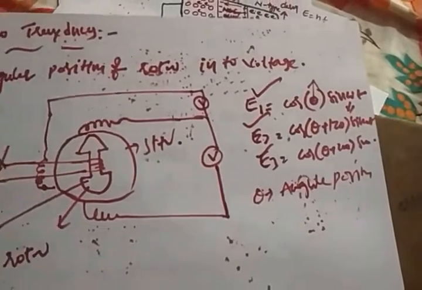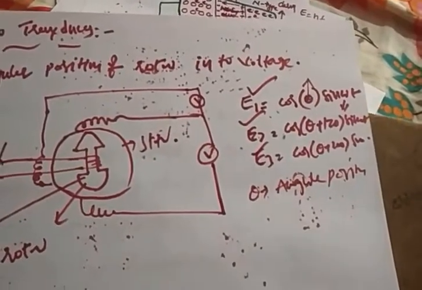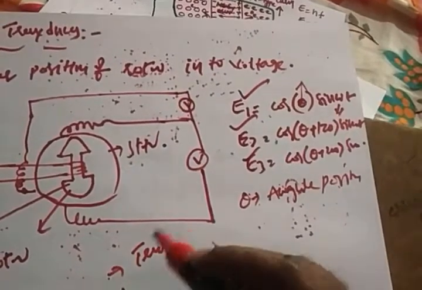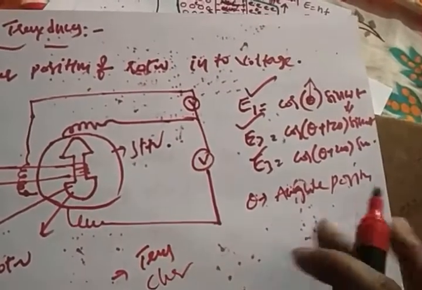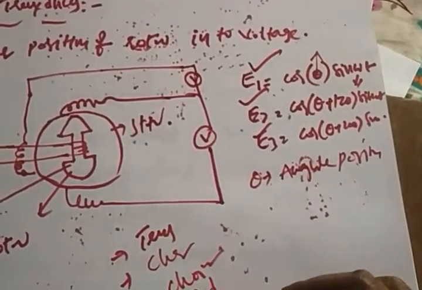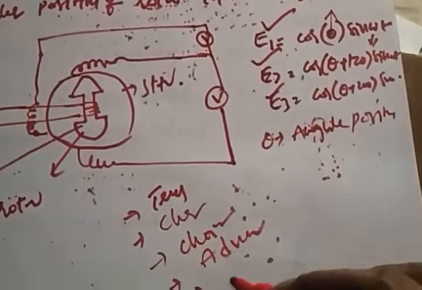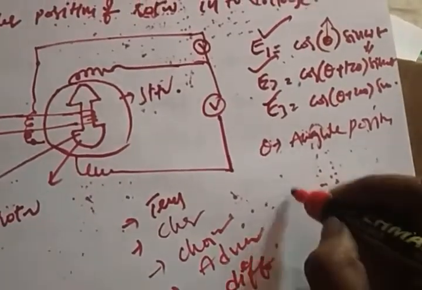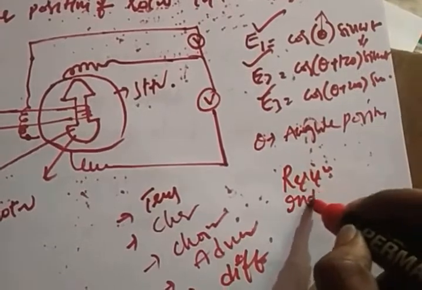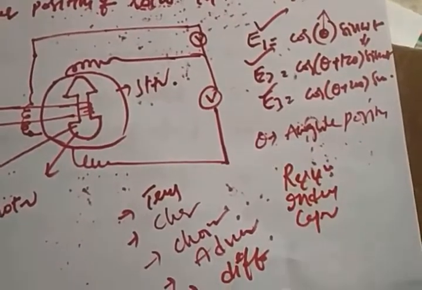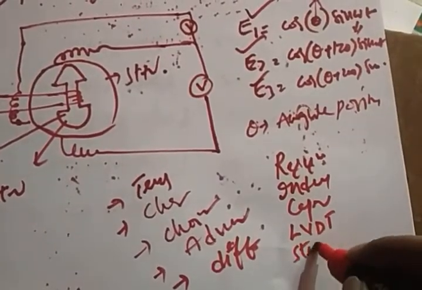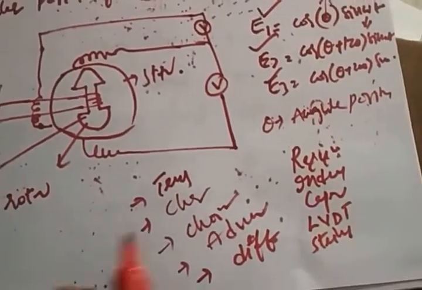In this unit we discussed what a transducer is, the characteristics of a transducer, the choice of selection of a transducer, the advantages of a transducer, and the different types of transducers. We discussed resistive, inductive and capacitive transducers, and some other important concepts like the LVDT, strain gauge, and some active transducers.